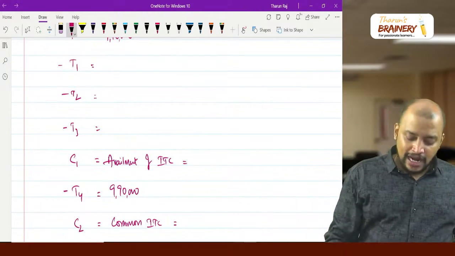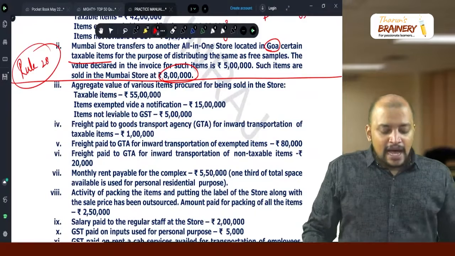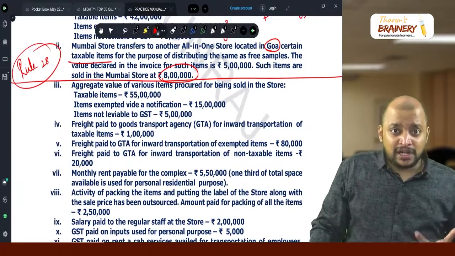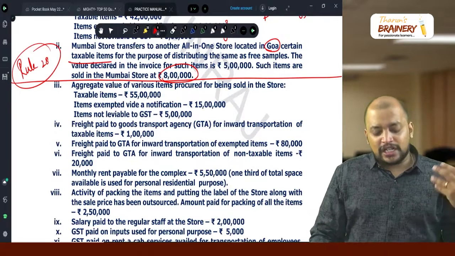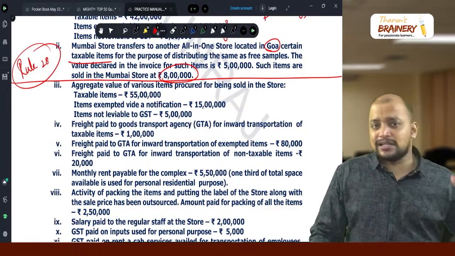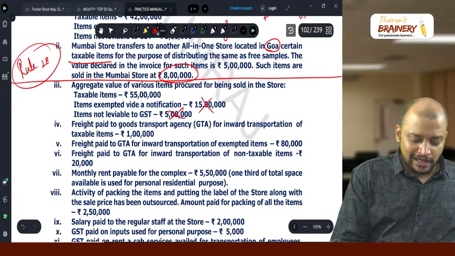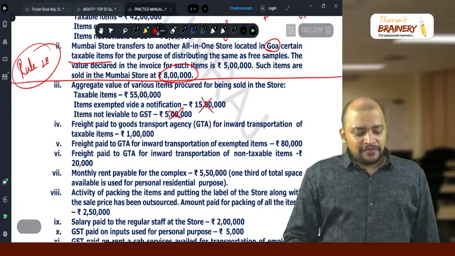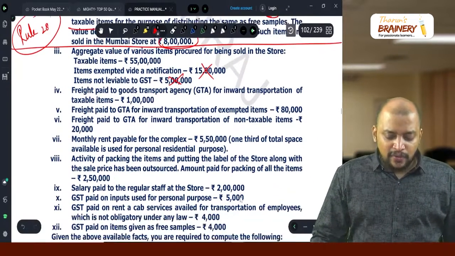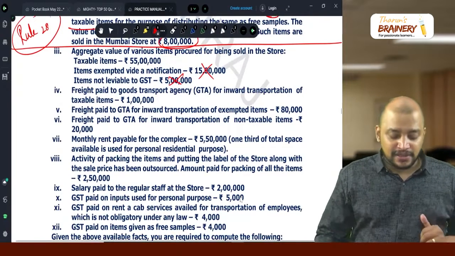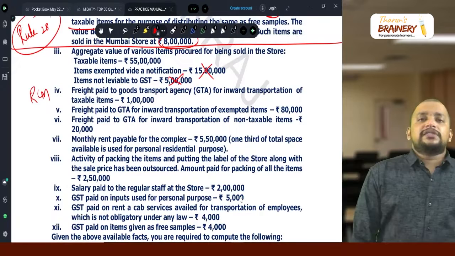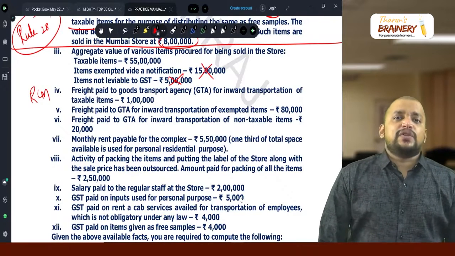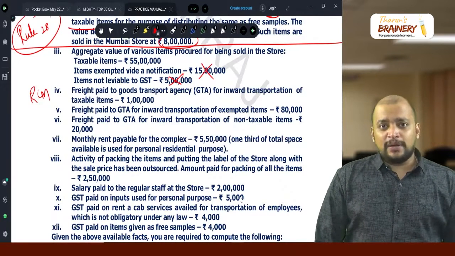Then the next item: items exempted by notification. First of all, we would not have paid GST. So items not liable to GST, we would not have paid GST. So leave it, these two are irrelevant. Then freight paid to GTA for inward transportation of taxable items. Actually, we need to pay this GST under RCM because a 5% rate is given in the question, which means RCM will be applicable.